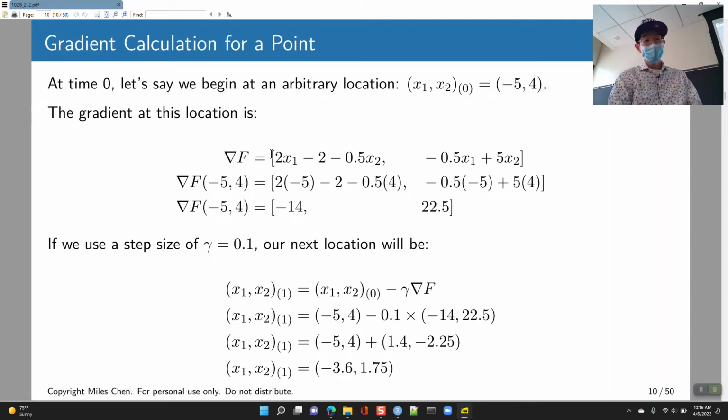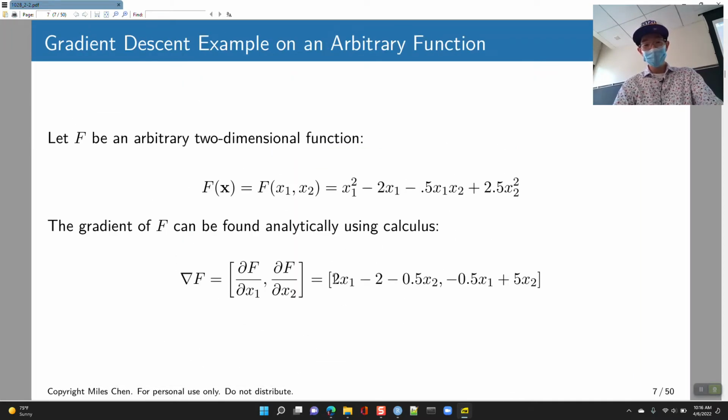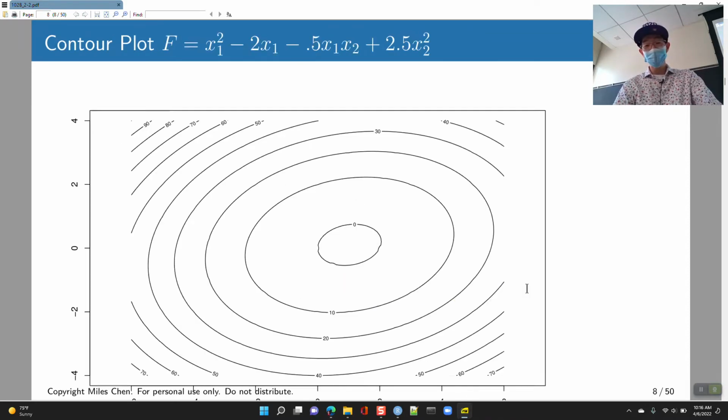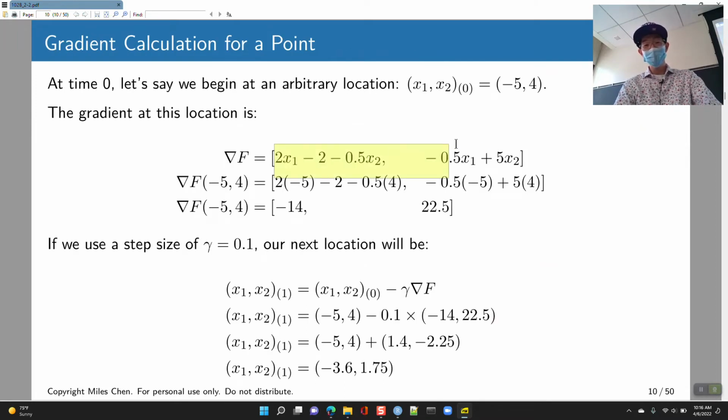The gradient is this two-dimensional vector, derivatives with respect to x1 and x2. So the gradient was 2x1 minus 2 minus 0.5x2, comma, negative 0.5x1 plus 5x2, from this slide.